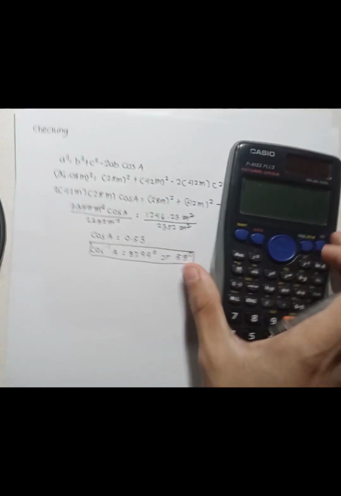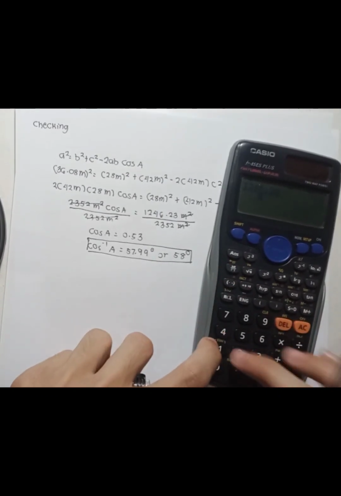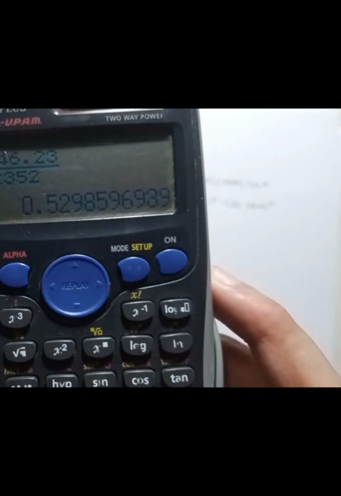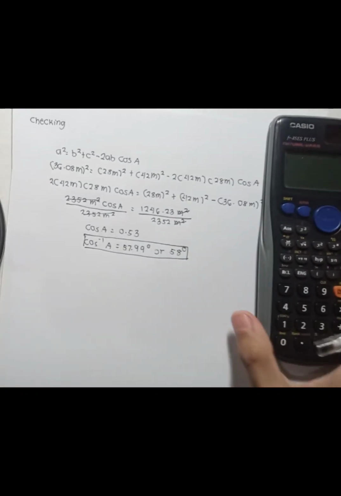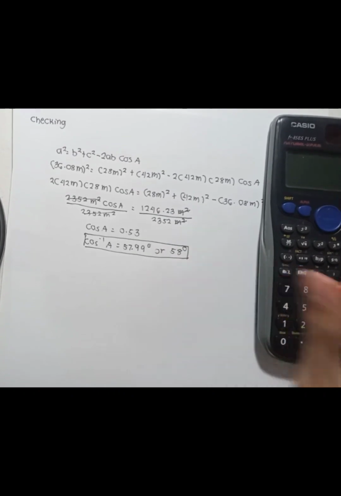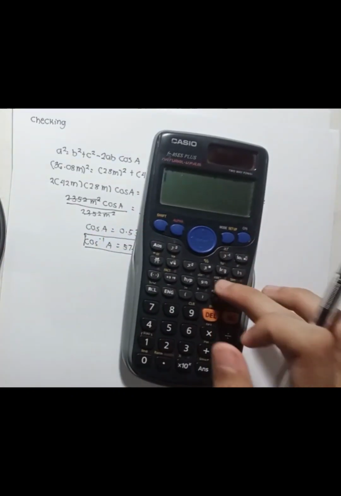Okay, we'll check. 1,246.23 divided by 2,352, we'll get the answer of 0.53. Okay, so, pero, angle yung hanapin natin. Okay, so, ito is magiging shift cosine.